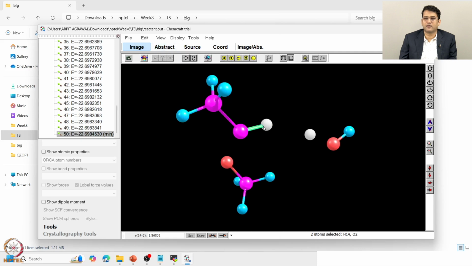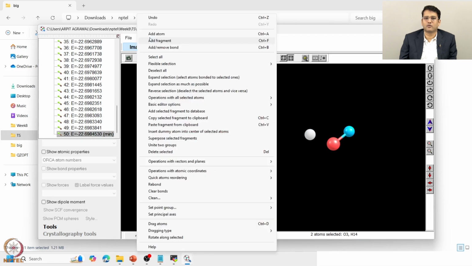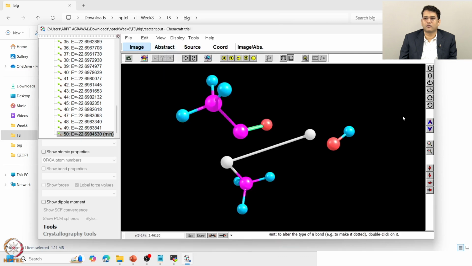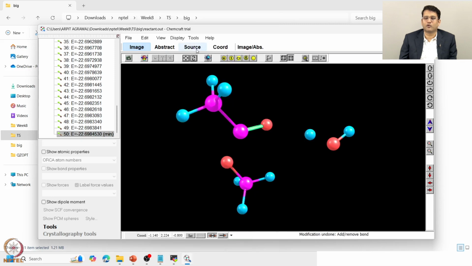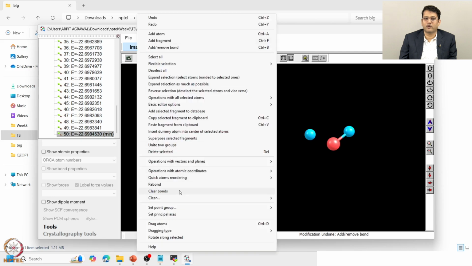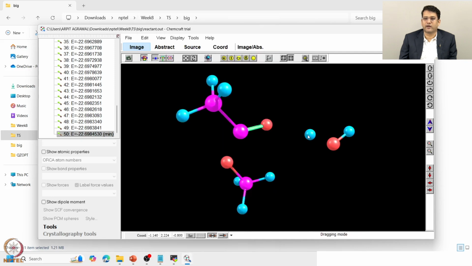And then I will create a bond between these two. And maybe, okay, I could have brought it a little bit closer and then made the bond. So I will use the drag atom command.